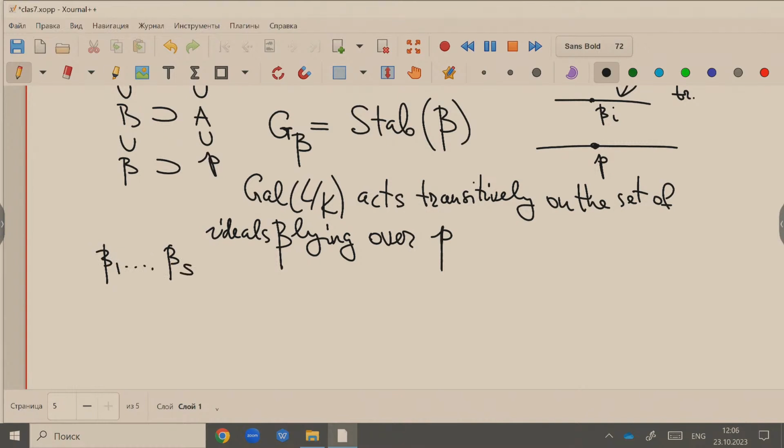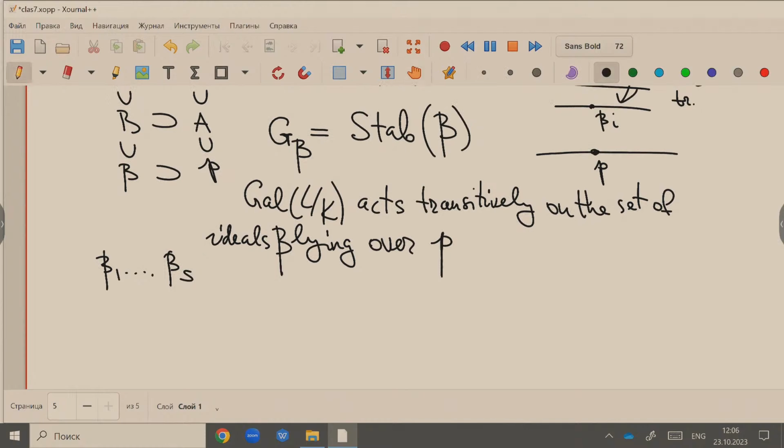So you have a ramification index. It is the same E of beta. And F beta is the inertia index.